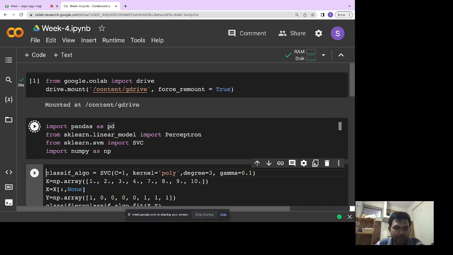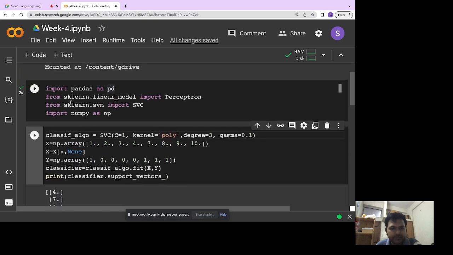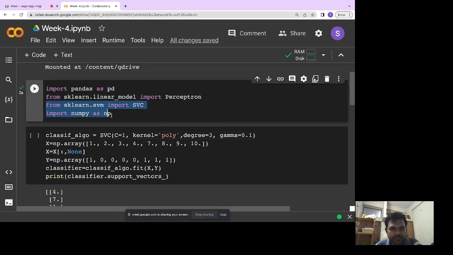Okay, so here I'll come to the packages. The first package is used for reading and doing a number of things. Here I will use it for reading CSV files for the next few questions, not for this particular question. For this particular question, we'll just need these two functions: from sklearn.svm import SVC, which is a support vector classifier, and we'll also require the matrix computation package that comes with Python, which is known as NumPy. So these two packages we'll need.